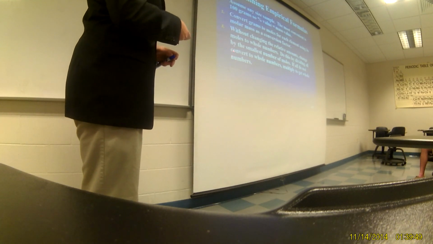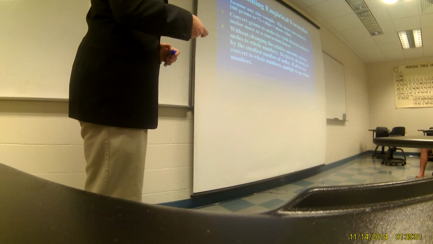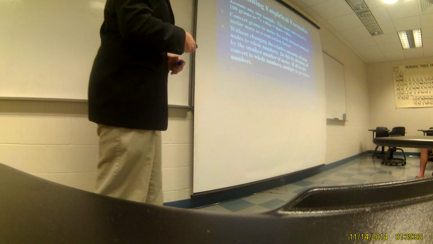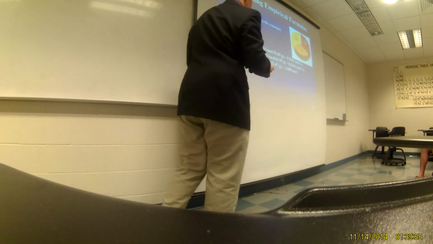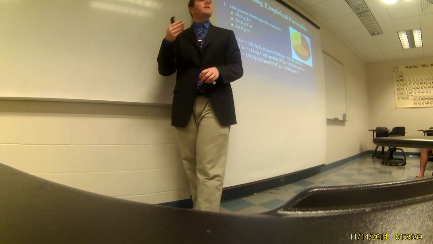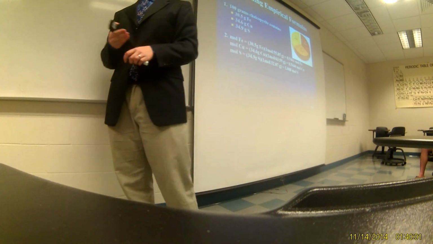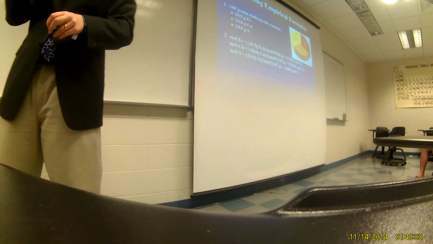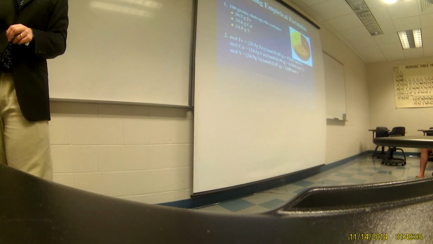Next step is we need to get all of these moles to whole numbers. Because these numbers here are going to end up our subscripts in our formula. And we can't put partial numbers, we can't put decimals in our subscript. We have to have whole numbers.